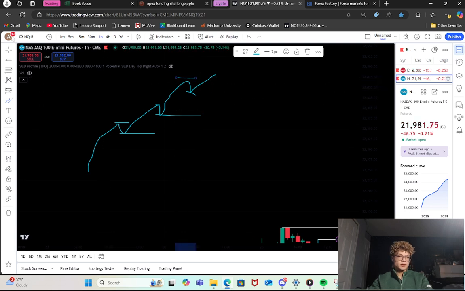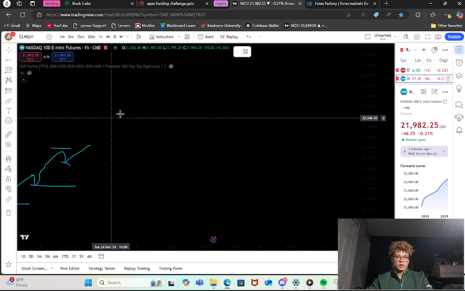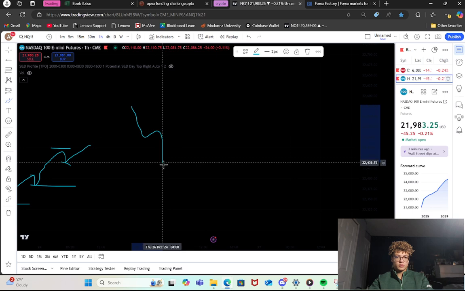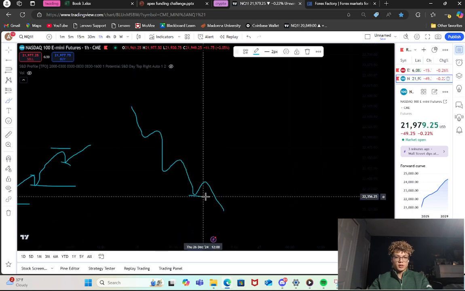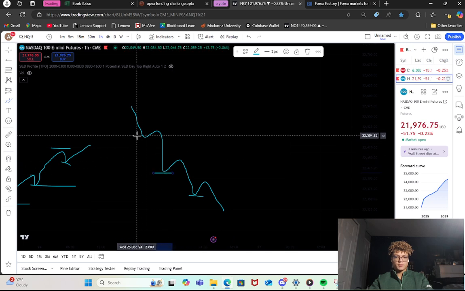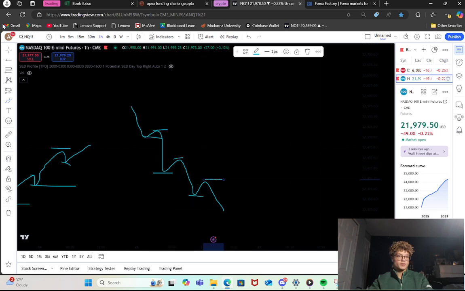That is an uptrend. And the opposite is the same in the opposite direction. We see lower low, lower high, lower low, lower high. Obviously, I'm terrible at drawing these, but we see all these lows getting lower, all these highs getting lower.